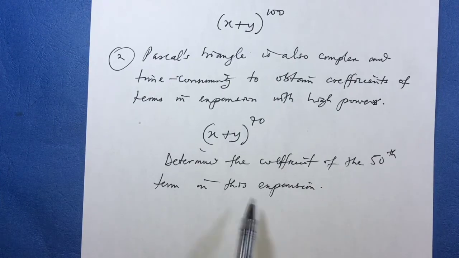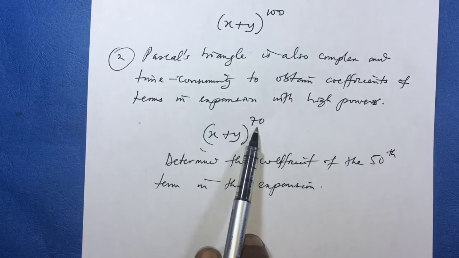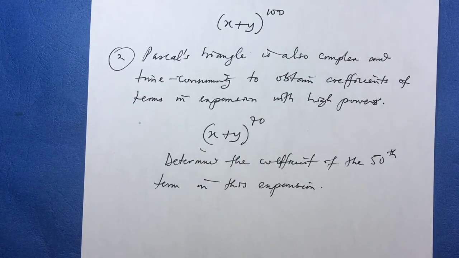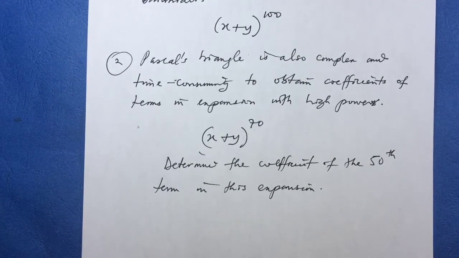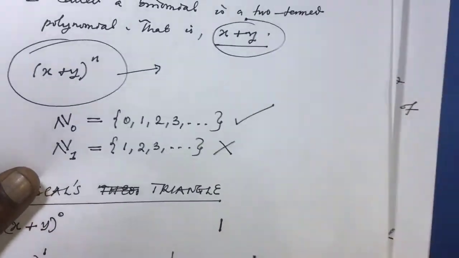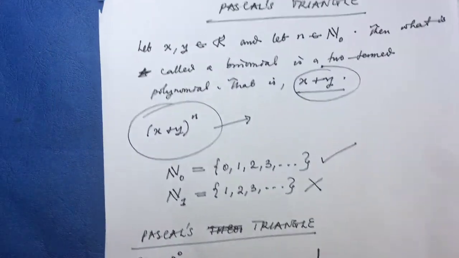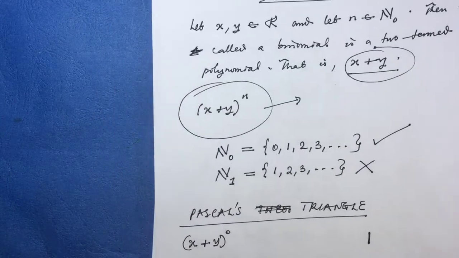So if, for instance, I tell you in this expansion x plus y raised to power 70, tell me the coefficient of the 50th term, it becomes very difficult for us to get. Okay? So that brings me to what then does the binomial theorem do? Let's see what the binomial theorem talks about.